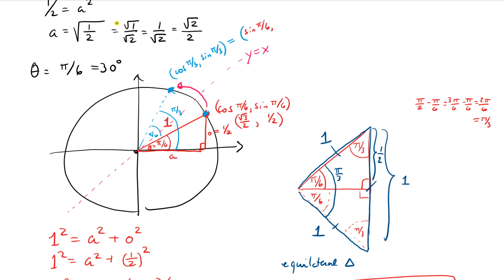Sine of pi over 3 is the same as the cosine of pi over 6. So basically if I take the coordinates here and switch them around, I'm going to get the coordinates of the point when the angle is pi over 3. So you just flip those around.